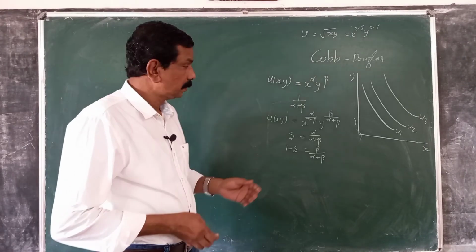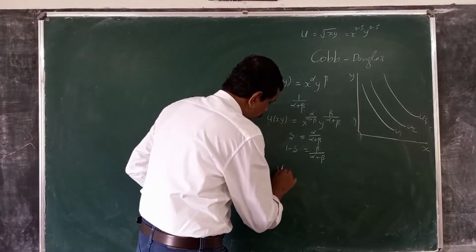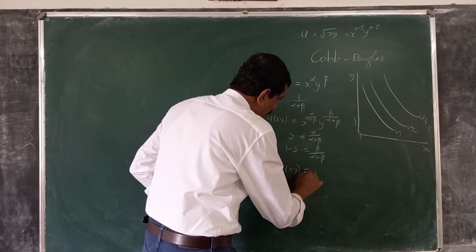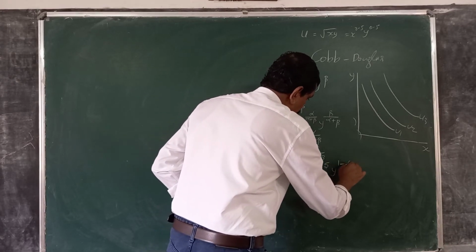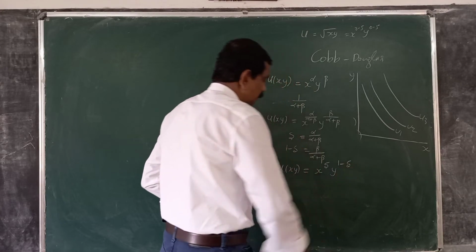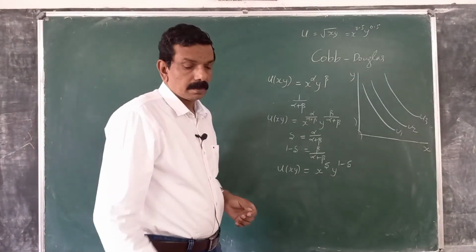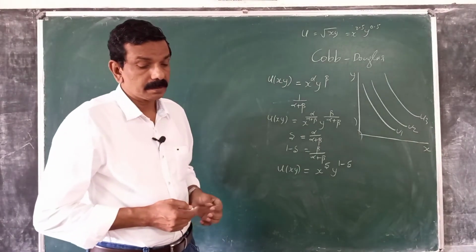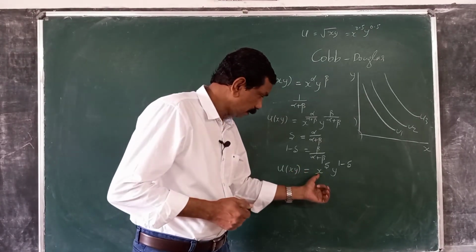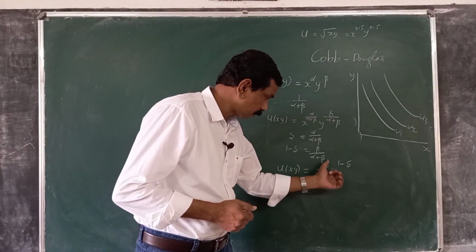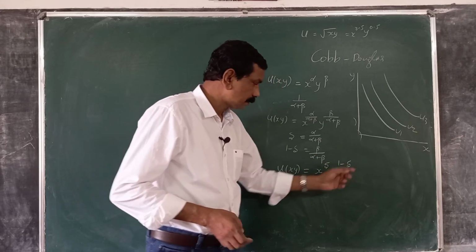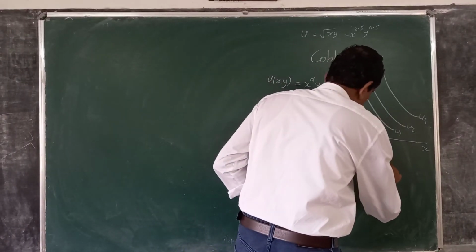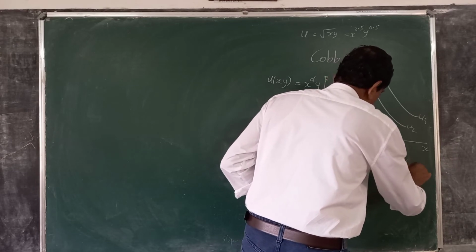So that we can write u(x,y) as equal to x raised to delta y raised to 1 minus delta. Delta plus 1 minus delta is equal to 1.